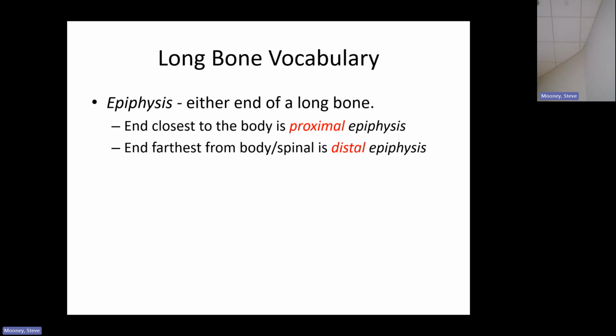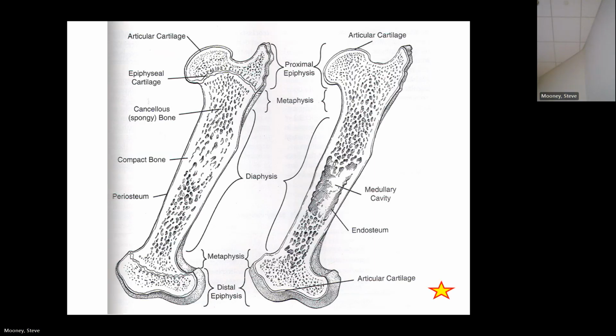So any of our long bones has an epiphysis on either end. If we're looking at a generic bone here, you've got one proximal here. It goes down to our epiphyseal cartilage, or epiphyseal plate, growth disc, and then we've got the distal, again separated from the rest of the bone by that growth plate.